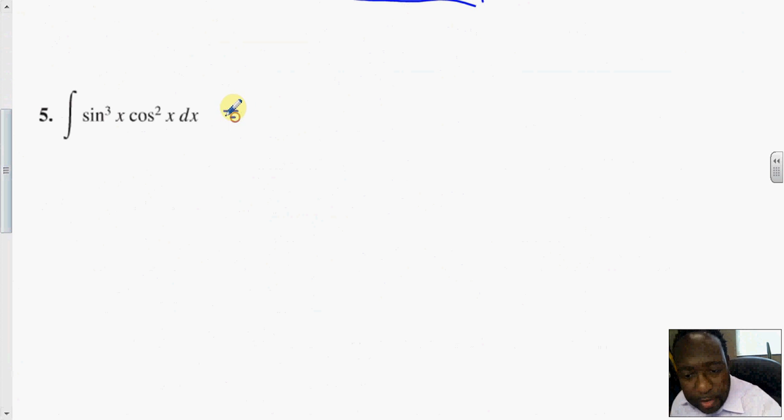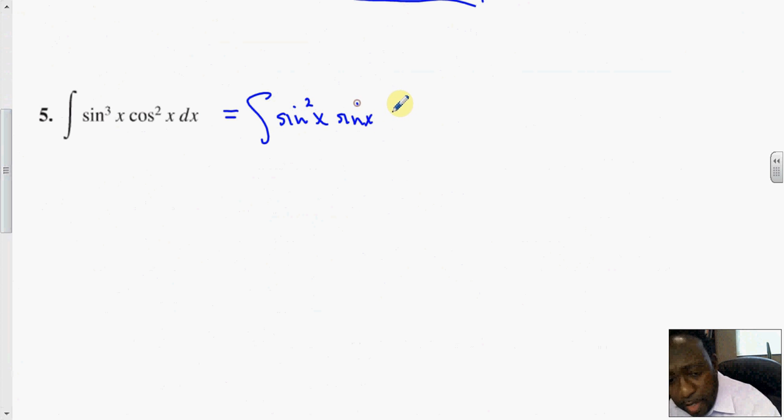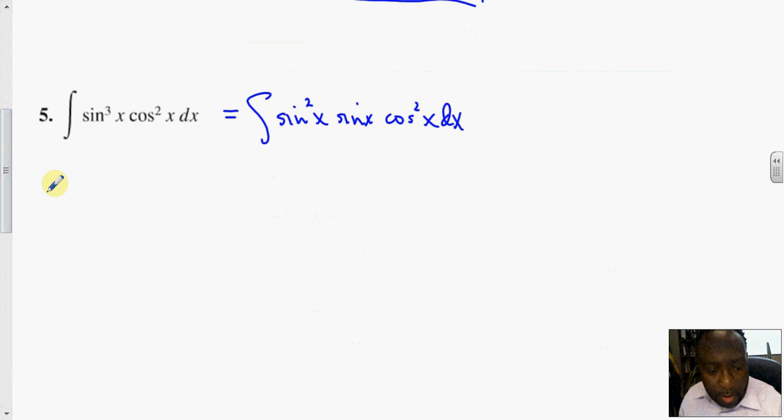So we're going to write this one. This is odd, so we're going to take one sine: this is the integral of sine squared x times sine x times cosine squared x dx. We're going to write the sine squared x as 1 minus cosine squared x to connect with that cosine squared.